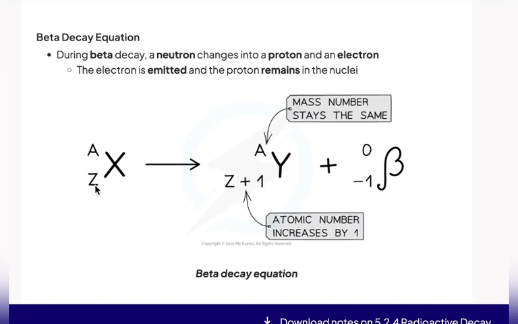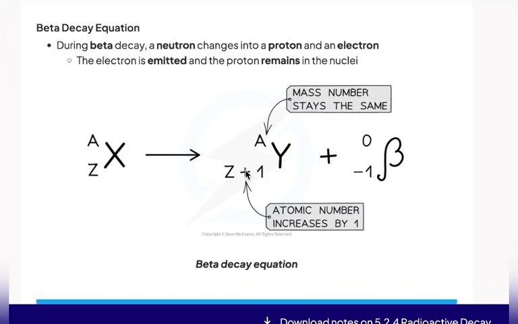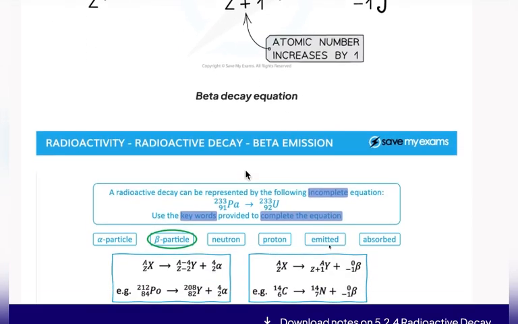So if you compare the law of conservation of mass, what is on the left will be equal to what is on the right when there's +1 here. The +1 will be eliminated by the -1 in order for z to remain. So this is the symbol equation for beta decay. We've already looked at this decay concept.